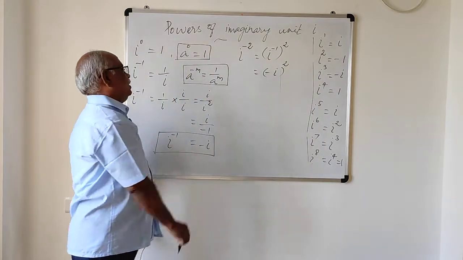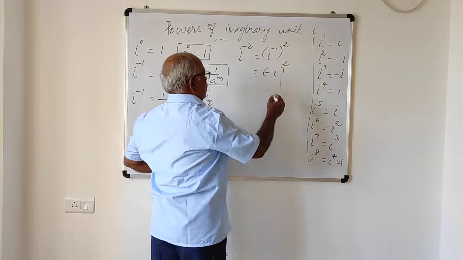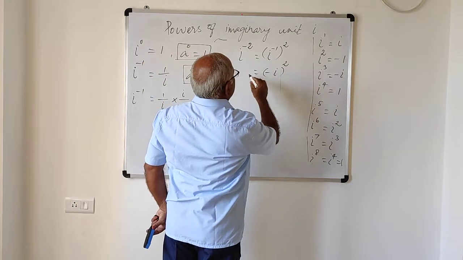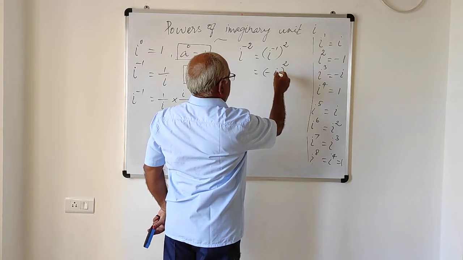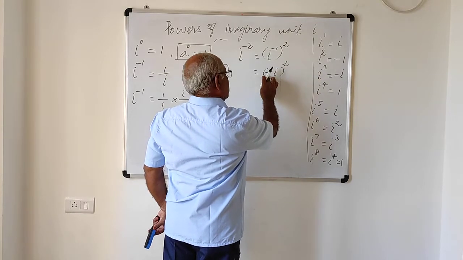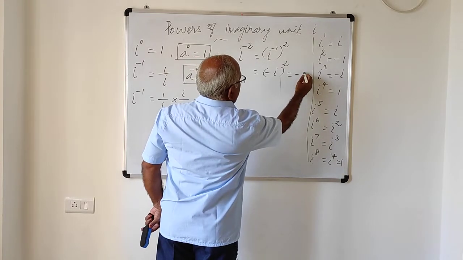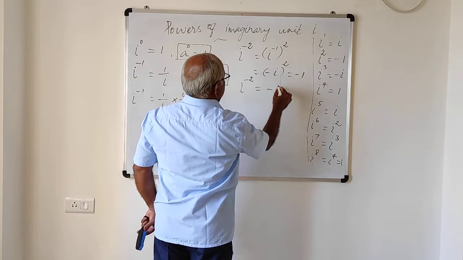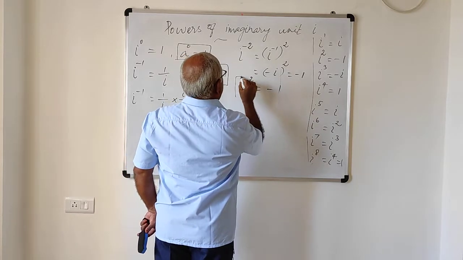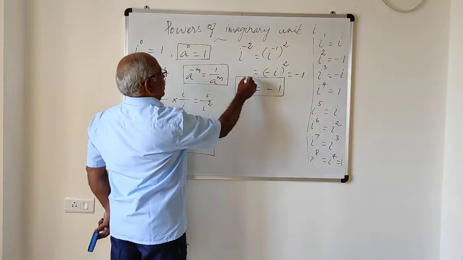Squaring i, you get i square, which is minus 1; minus and minus is plus. On squaring, the minus becomes plus, and i square is minus 1. Therefore, i power minus 2 is minus 1. This is also one result you have to remember.